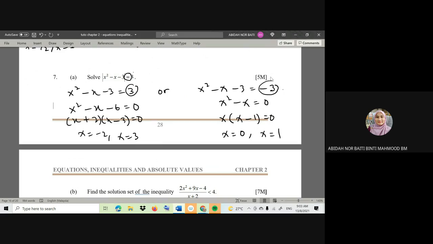Okay, check answer, masuk balik dalam X ni lah. Okay, 4 answers ni. Because this is equation. Okay, if equation, you have to check your answer. Then tulislah after checking, so what is your answer? Okay, boleh ya? Equation, absolute values, you have to check your answers.